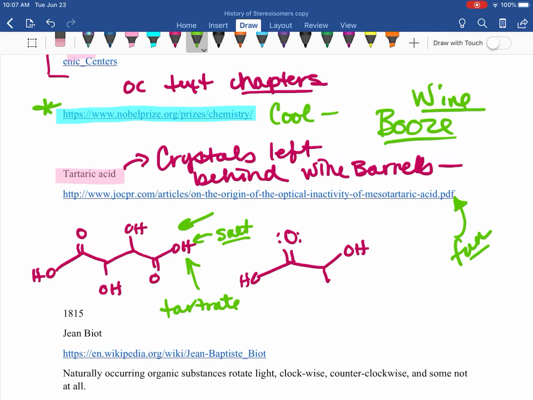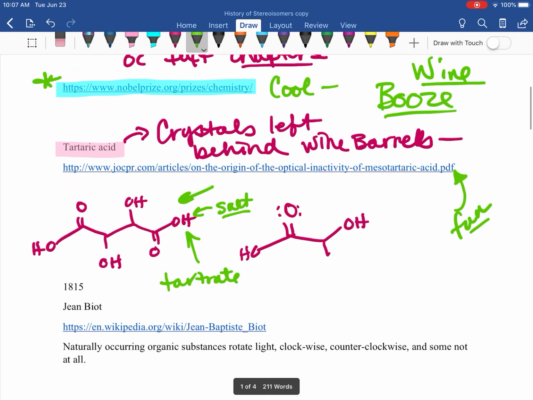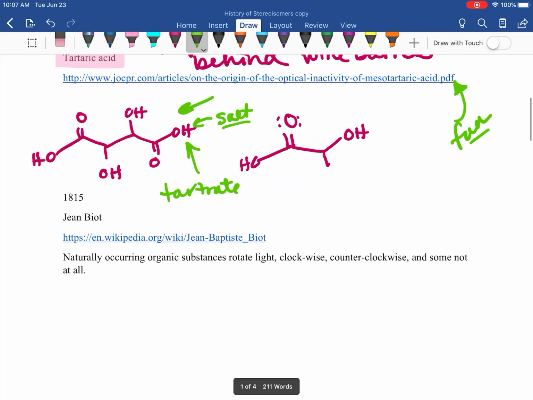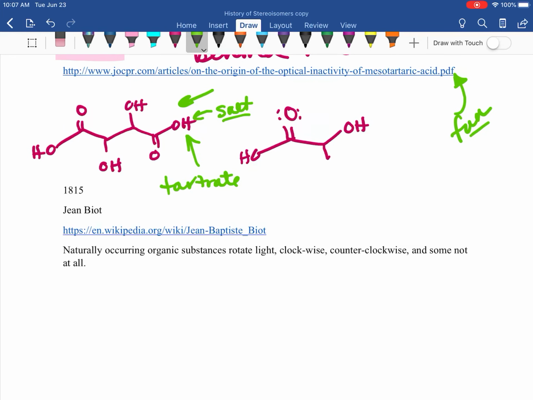So going all the way back to these wine barrels, they noticed these crystals in these wine barrels. And what's pretty cool is that an awful lot of chemistry for the next 100 years studied those crystals from those wine barrels. And in about 1815, a French physicist and chemist, Jean Biot, actually looked at those crystals.